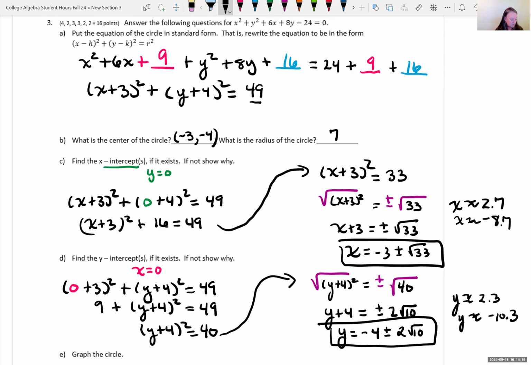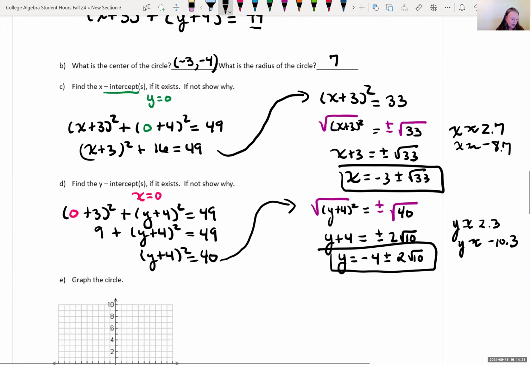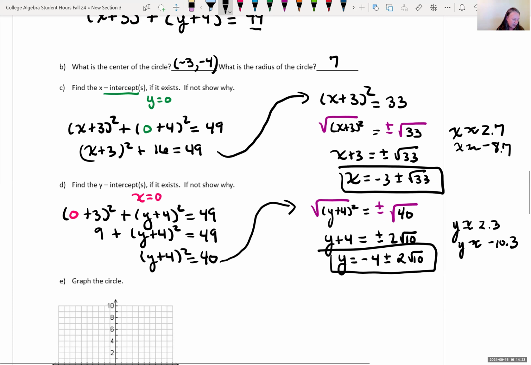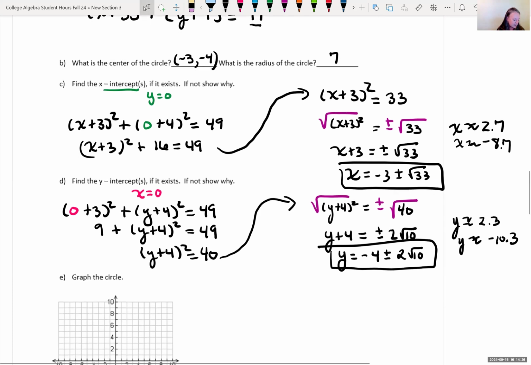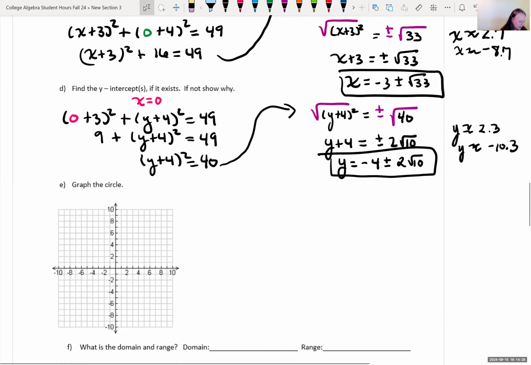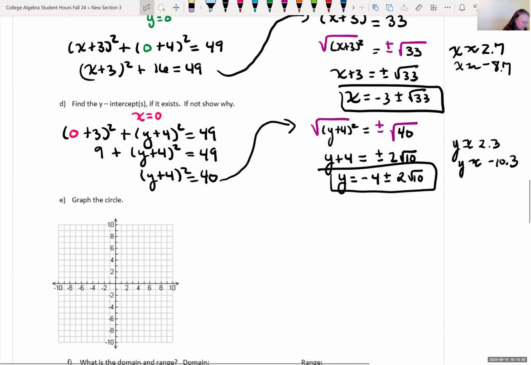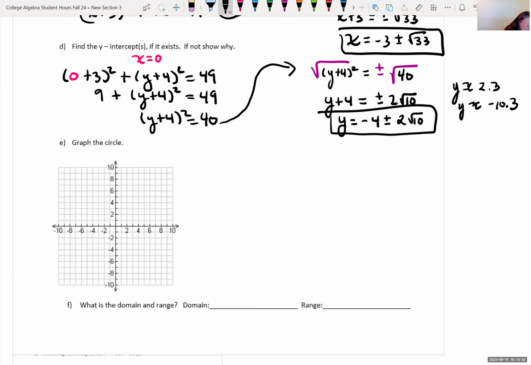The next question wants us to graph this. We had a radius of 7. We had a center of the circle of (-3, -4). So let's find the center of the circle first, (-3, -4), which is about right here. I know I want to go up 7, down 7, to the left 7, to the right 7.